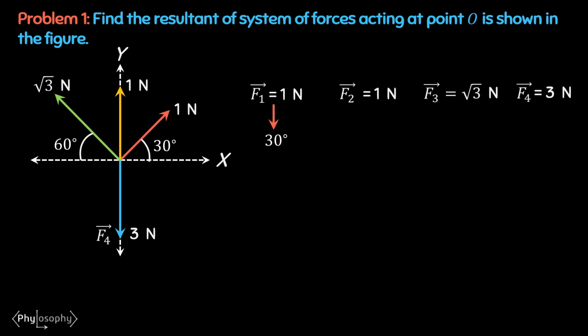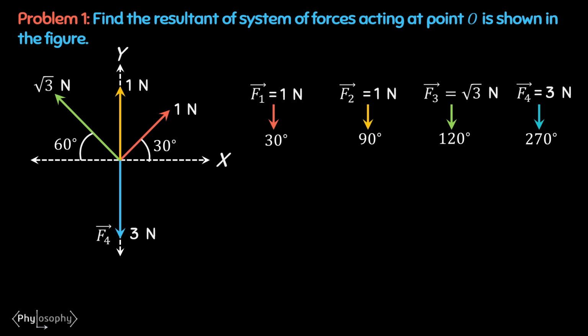F2 is parallel to the y-axis, therefore it makes an angle of 90 degrees with the positive x-axis. F3 is making an angle of 60 degrees with the negative x-axis, therefore with the positive x-axis it would be 120 degrees, and F4 is making an angle of 270 degrees with the positive x-axis as it is parallel to the negative y-axis.